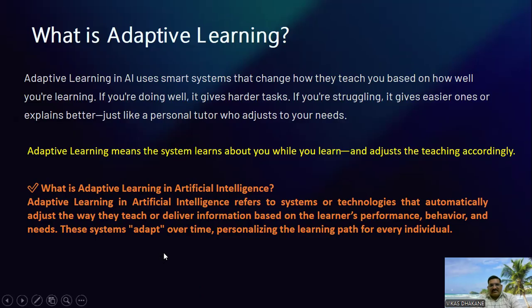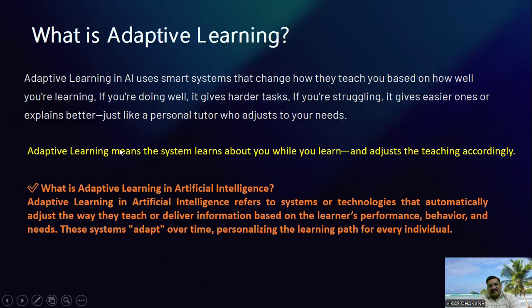The system adapts over time. Adapt in the sense the system adjusts itself. Here, you have to consider it as, for example, an artificial intelligence system. The system adapts over time and personalizes the learning path for every individual.